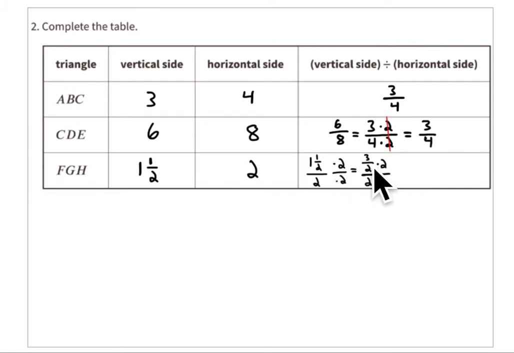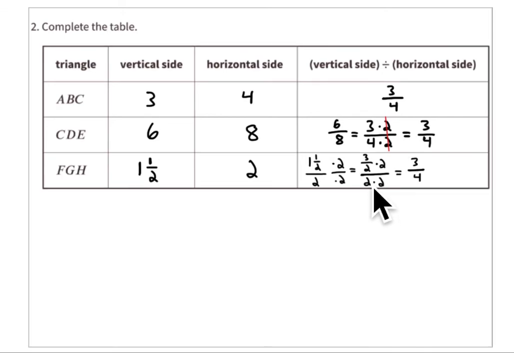So 2 times 3/2, get rid of the denominator, the 2, end up with just the 3, and 2 times 2 is 4. So a ratio of 1.5 to 2 is the same as a ratio of 3 to 4, because you're multiplying 1.5 times 2, same as multiplying 3/2 times 2. So 2 times $1.50 equals $3, for example. And 2 times 2 is 4.